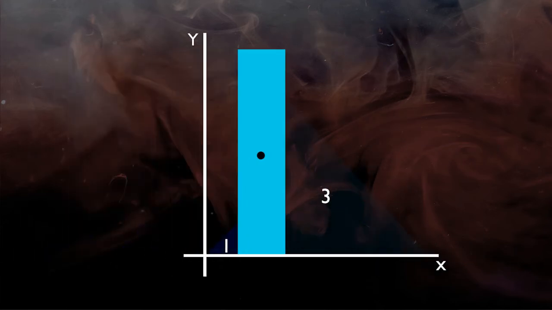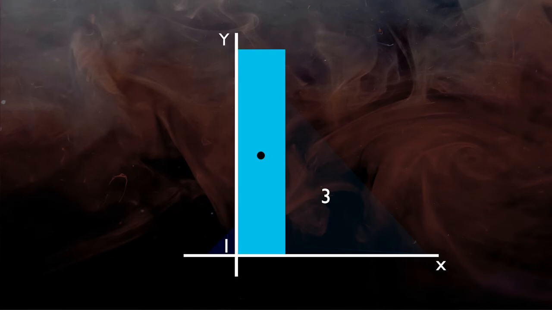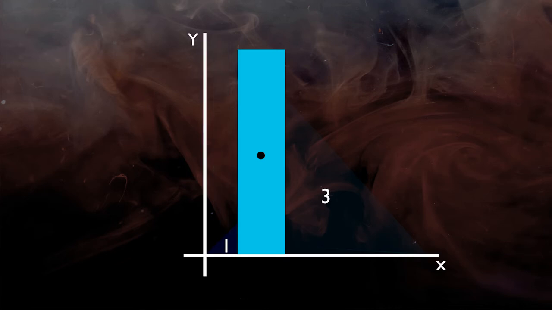But this method can be applied only if both reference axes touch the planes of the rectangle. But that is not the case. The x-axis is touching the plane of the rectangle, but the y-axis is some distance away. So some change in coordinates will be necessary. To find the x coordinate, we have to add this distance from the reference axis to the previously found coordinate of the shape.